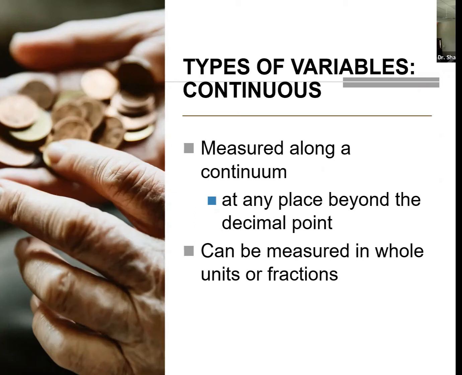Money is a good example of a continuous variable, right? 25 cents, a quarter, is a fraction of a dollar, right? It's 1/4. So I can actually demonstrate and show you that that measurement can also be shown in fractions, but it's measured along a continuum.